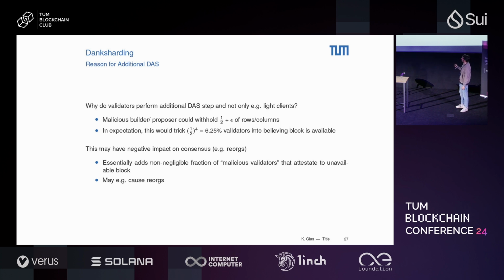So we would actually be able to, in expectation, trick 6.25% of the validators. And this may have a negative impact on consensus, for instance, cause reorgs. So that's something we want to avoid, and therefore we use this additional sampling, where the error rate, where validators accept a block that contains data that's not available, decreases exponentially in our sample size.